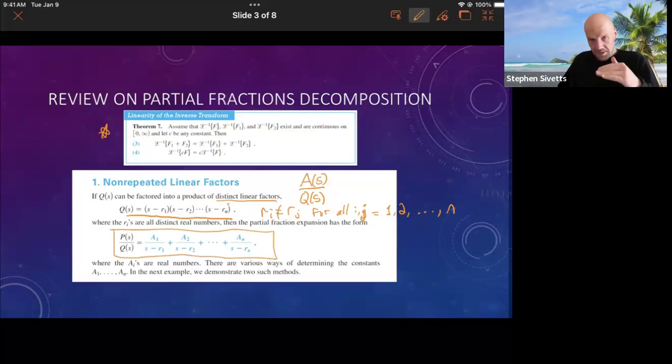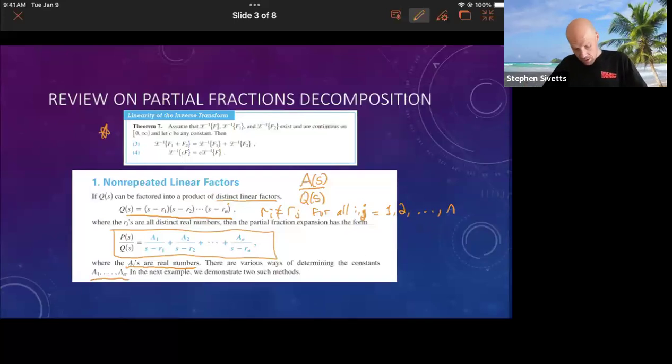A1 over s minus r1, plus A2 over s minus r2, plus A3 over s minus r3, and all the way up to A sub n divided by s minus r sub n, okay? Where the A sub i coefficients are real numbers, all right? So there are ways to determine what the numbers A sub 1 through A sub n are equal to.